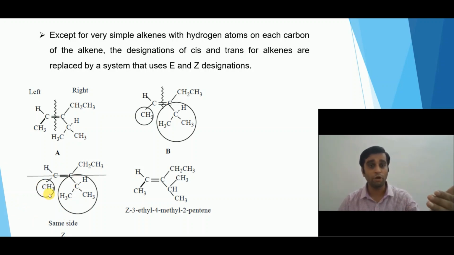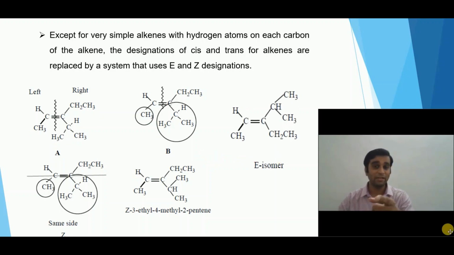So when I talk about the priority on both the carbons, you see I have mentioned the highest priority substituents on the same side of the plane. If they are on the same side, the isomer is called Z. Z stands for zusammen. And if the highest priorities are on the opposite side of the plane, that isomer is called E, entgegen. E stands for opposite. Both are actually German words.